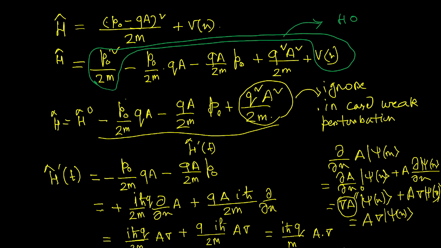Now if we take minus i h cut, Q by M A, then this value will be Q by M A dot P. So your perturbative Hamiltonian is nothing but a multiplication of the vector potential A and the momentum of the particle.